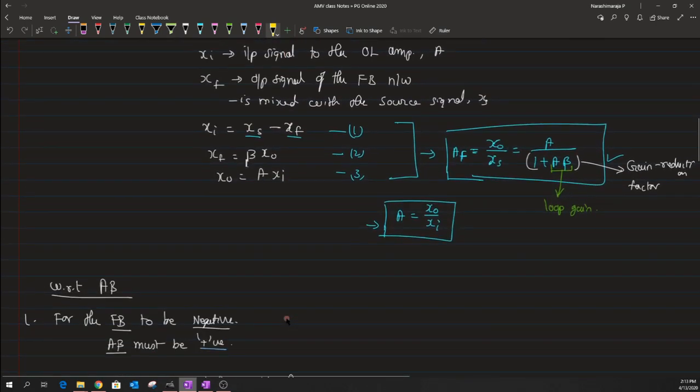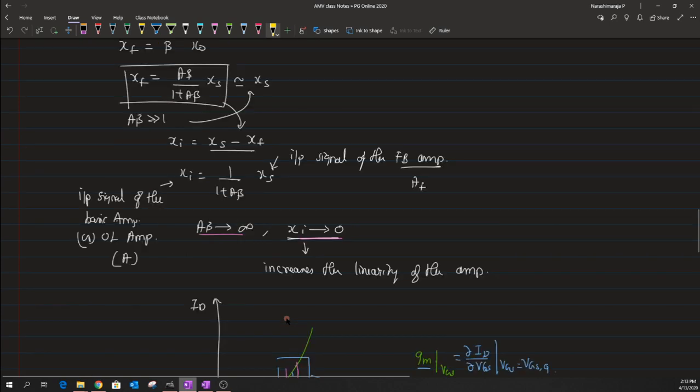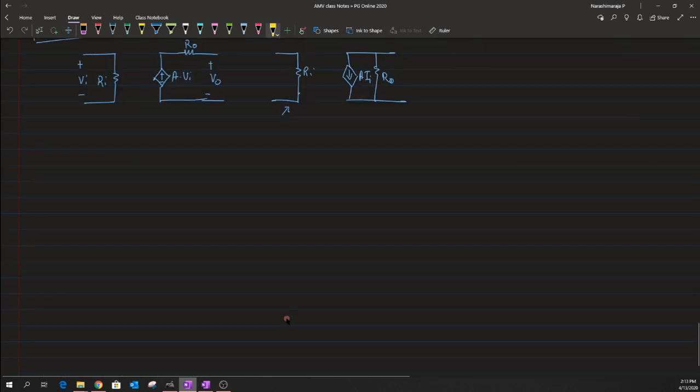Okay, so let me begin this discussion of sampling and mixing, and let us start with the voltage amplifier first. So let me write it as voltage amplifier.